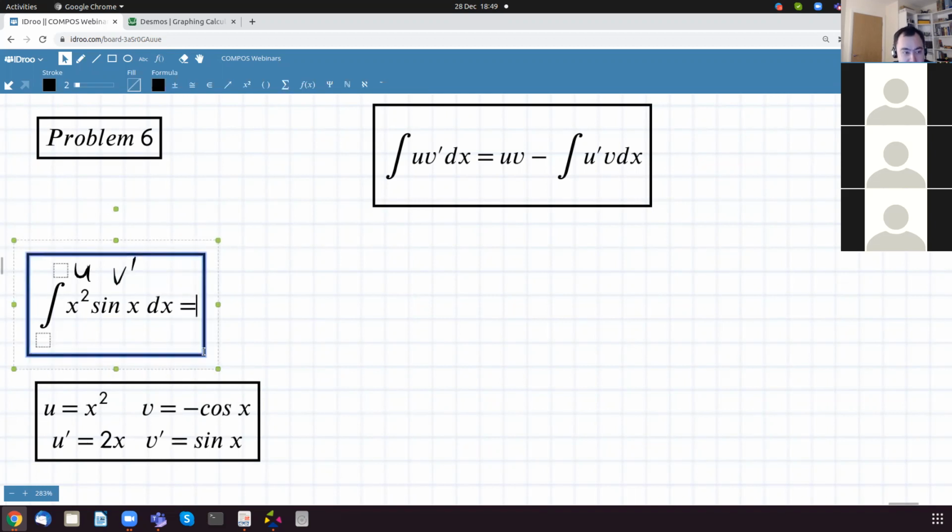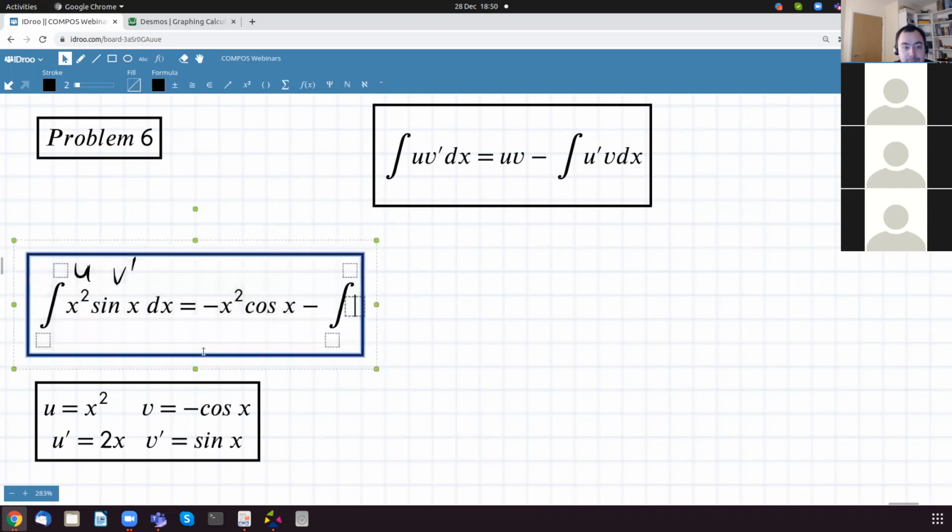So u is x squared. v is minus cos x. So take the minus here: x squared cos x, minus the integral of u prime, which is 2x, times v, which is minus cos x.